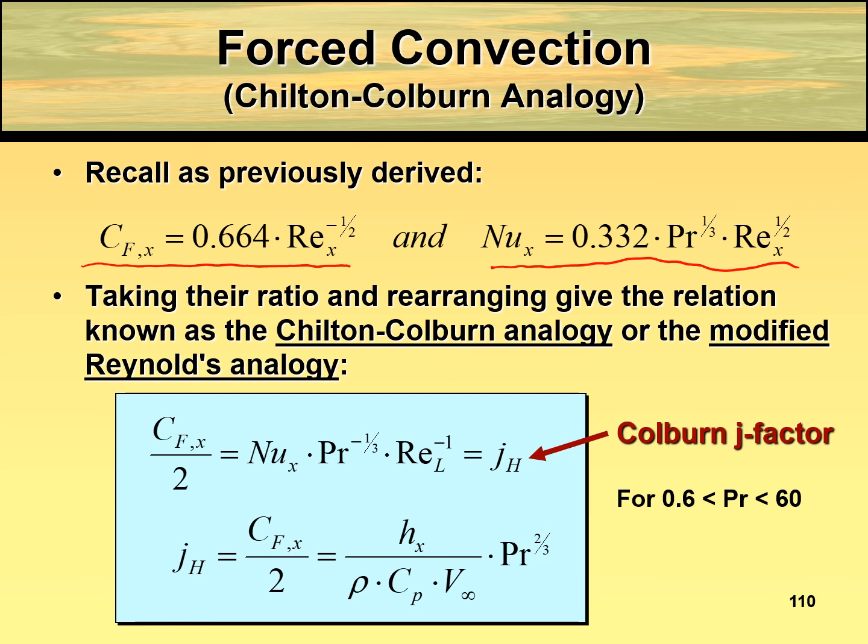Taking this into consideration, we can combine these equations, and this is proposed by the Chilton-Colburn analogy, or Colburn J factor, where the friction coefficient divided by 2 is equal to the Nusselt number, Prandtl number to the power of -1/3, Reynolds number to the power of -1. So JH is Cfx/2, and this is given by these equations.